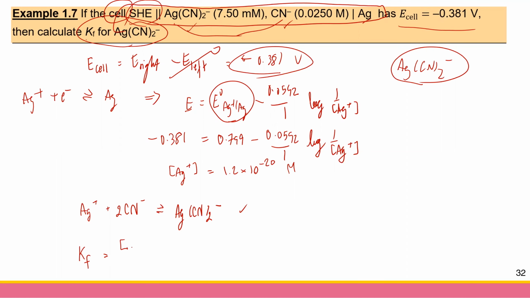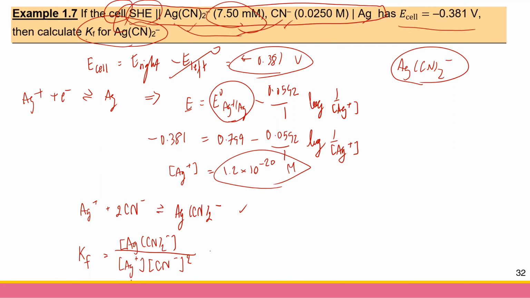So it is silver cyanide complex, sorry for the inorganic thing, over silver and cyanide squared. And it seems like we know everything. Silver cyanide complex is given here, 7.5 millimolar. Silver ion, we just solved for that, it's this 1.2 thing. And cyanide is 0.025.